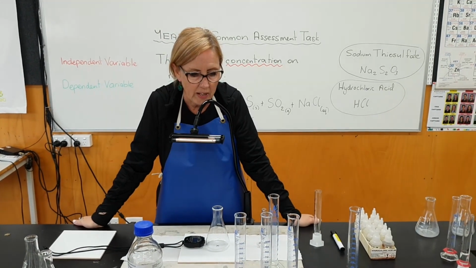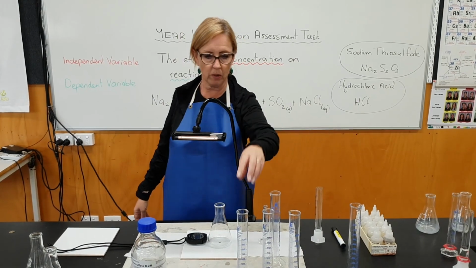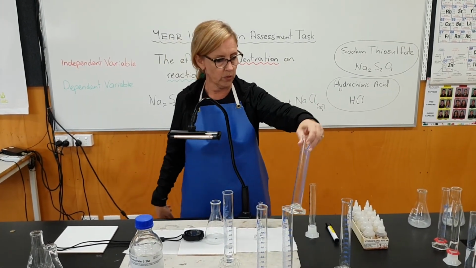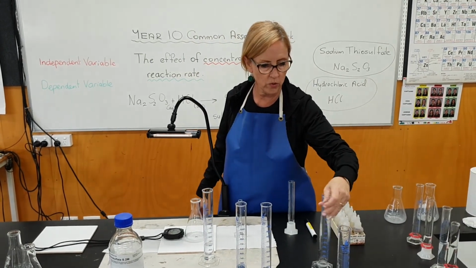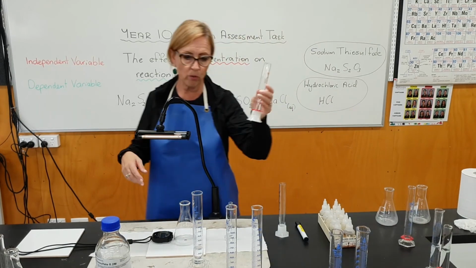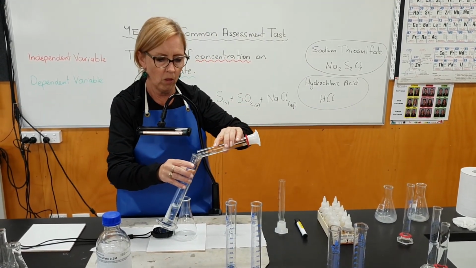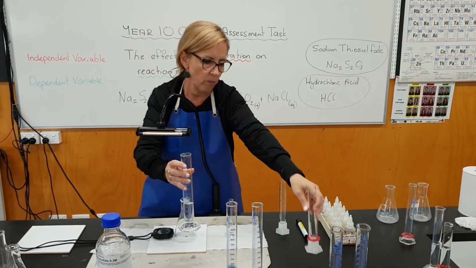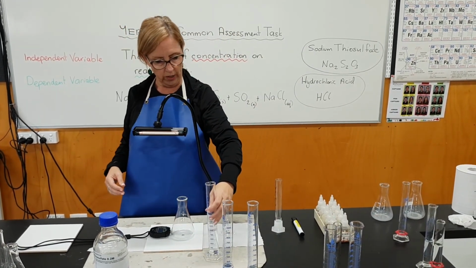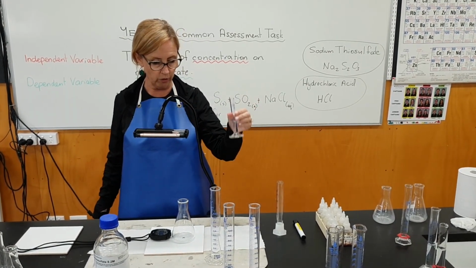We are going to react 30 mils of thiosulfate solution, which we have measured out here, with, let's move these ones out of the way, we've finished with those, with 20 mils, so 30 mils of thiosulfate, 20 mils of water. Mix that one together. Okay, we have our 5 mils of hydrochloric acid ready to go.